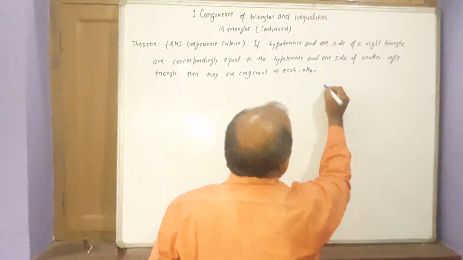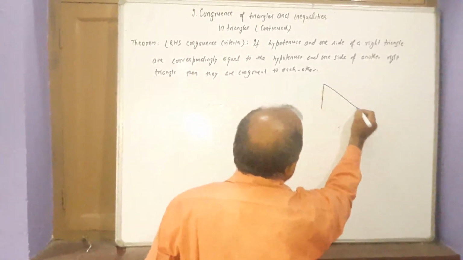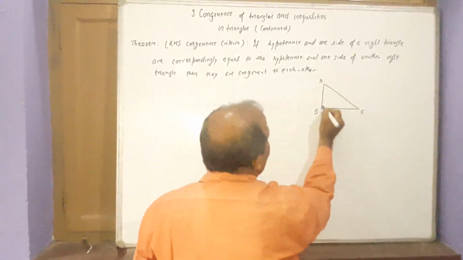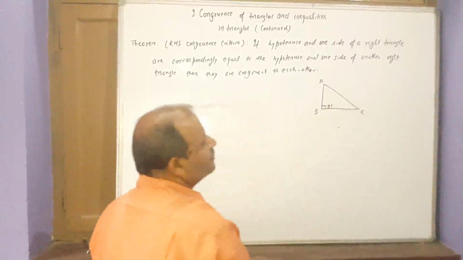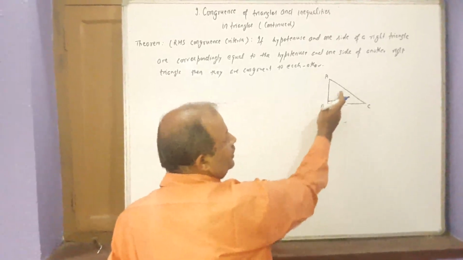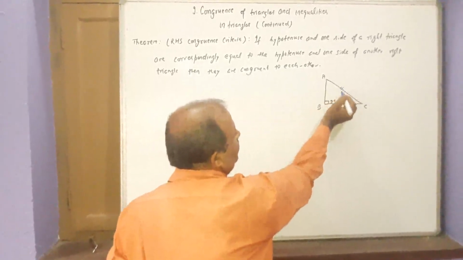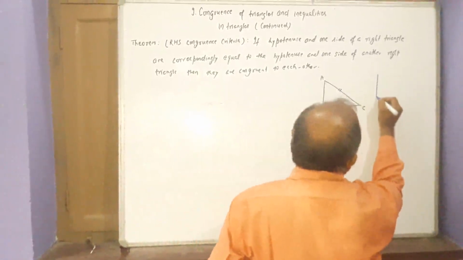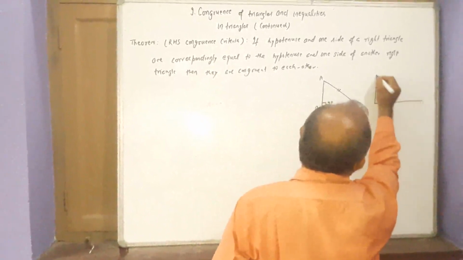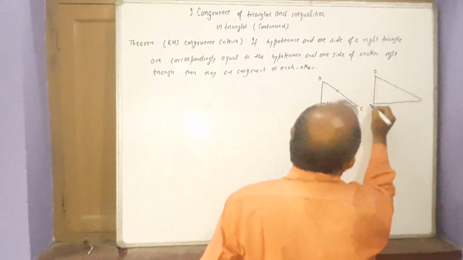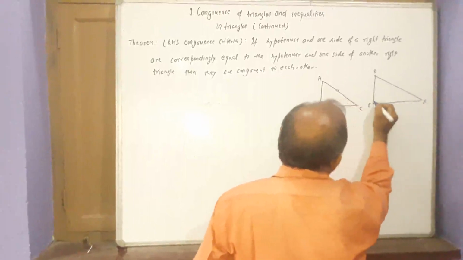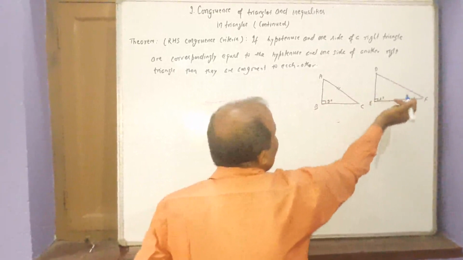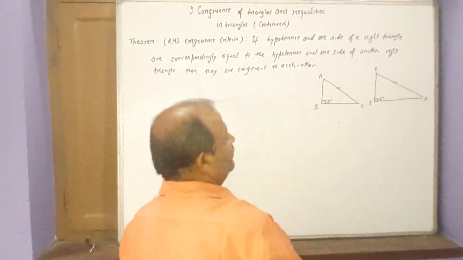See here, this one is a right triangle ABC, whose angle B is 90, and since the side opposite to angle B is AC, therefore AC is called its hypotenuse. Another triangle DEF, this one is 90 degrees and the side opposite to the right angle is DF, therefore this one is the hypotenuse.